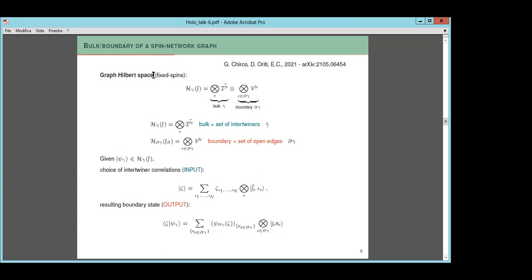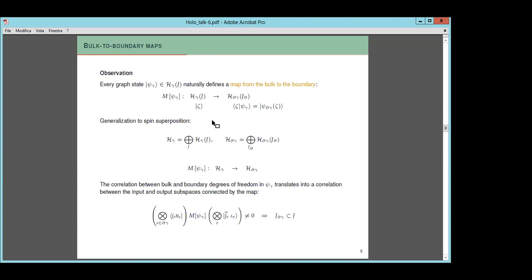So in the fixed spin case, the factorization is natural, but in the general case, it is not. We can, however, still consider every state as a map of this kind, but by embedding the state in the tensor product of generalized bulk and boundary Hilbert spaces.